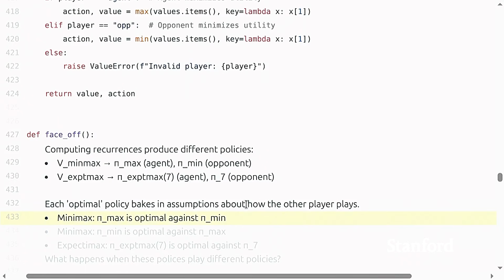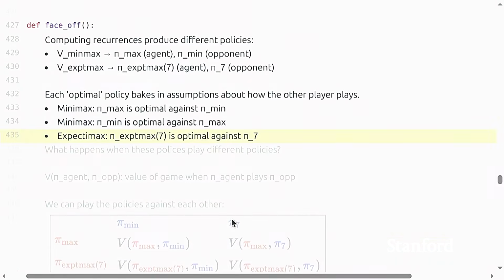And we also have that pi min is optimal against pi max because the min and max are symmetric. And we know that the pi expected max 7 is optimal against whoever we're computing expected max with respect to, which is pi 7. So we have 4 policies here: pi min, pi max, pi expected max 7, and pi 7.